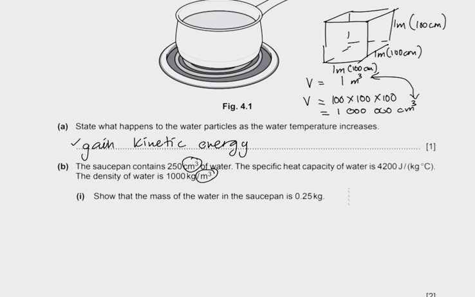So now we are given 250 cubic centimeters. We need to convert it to cubic meters. So what we are going to do is divide, right? We are dividing 250 cubic centimeters by 1 million. So the volume is equal to 250 divided by 1 million.